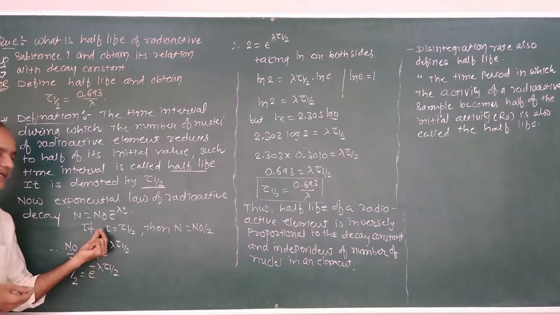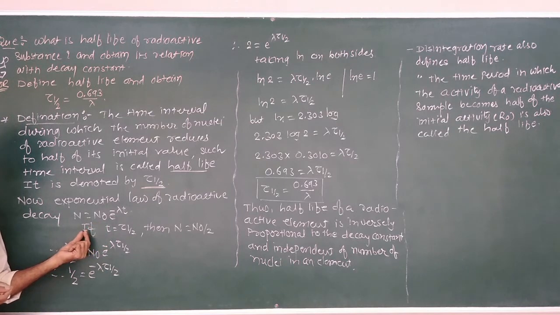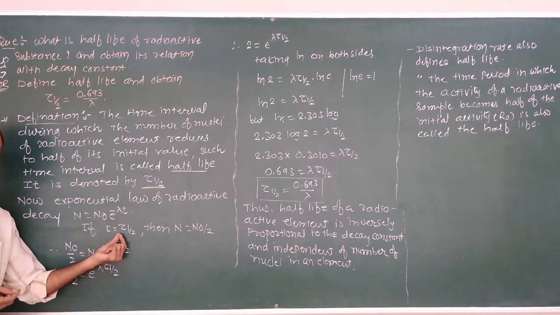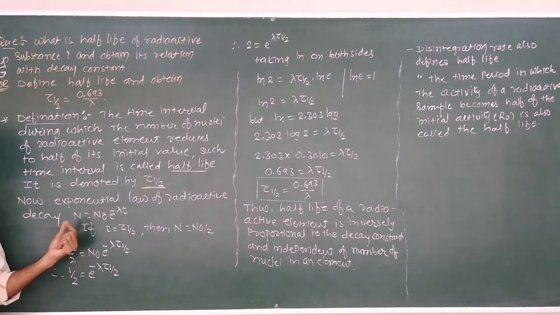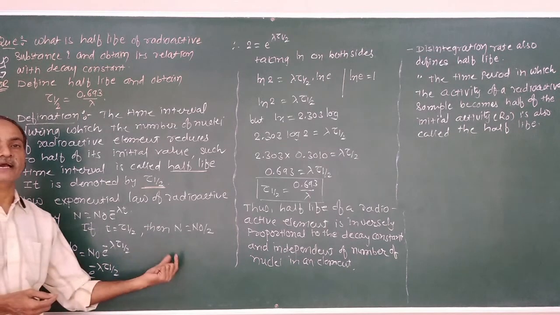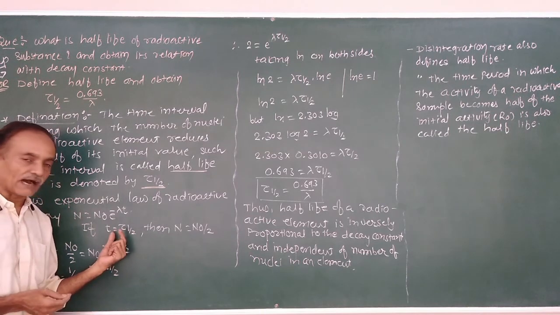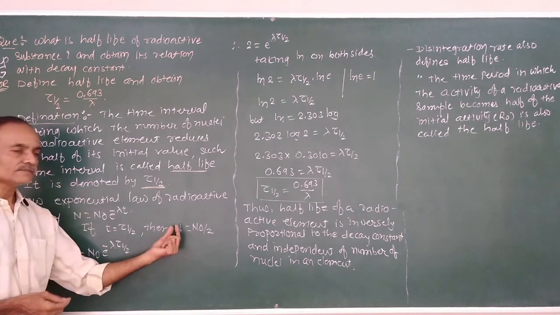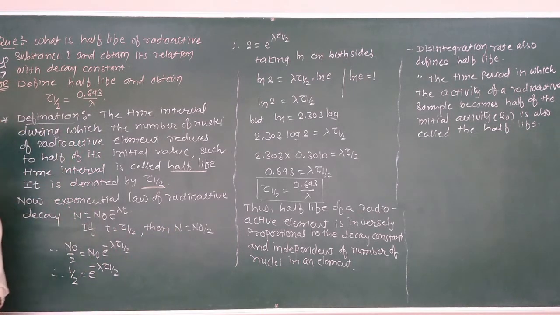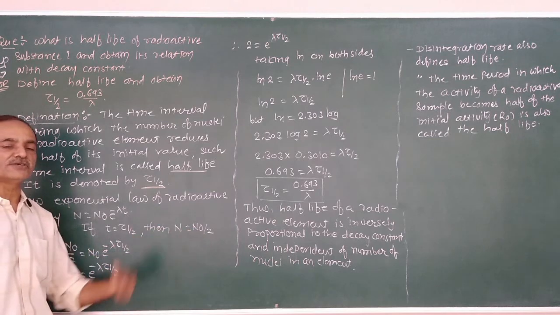Suppose at time t, we consider t is equal to τ half. At that time the number of undecayed nuclei becomes N0 by 2. That means in the τ half time interval, half of the nuclei are decayed. Therefore, the remaining nuclei is N0 by 2.